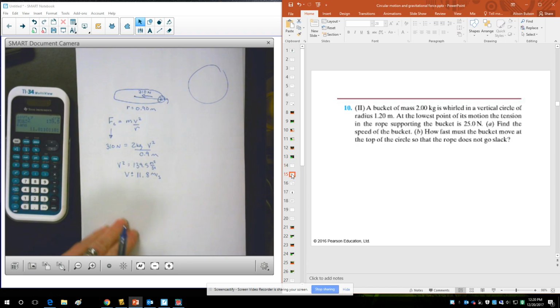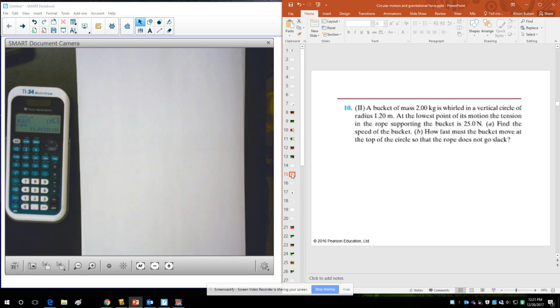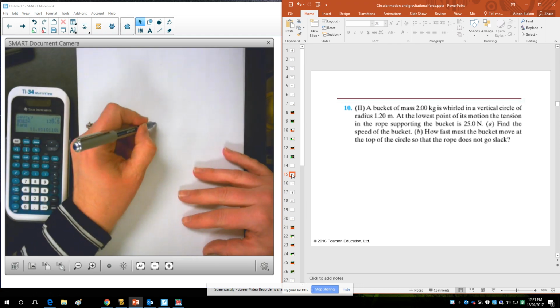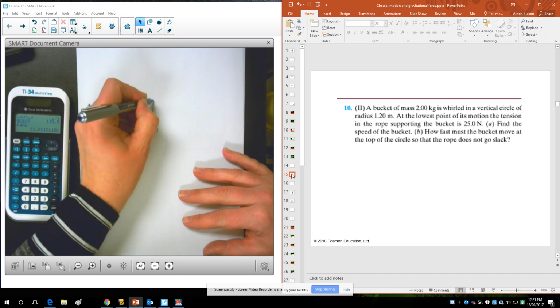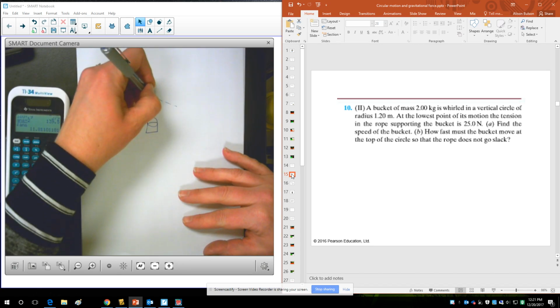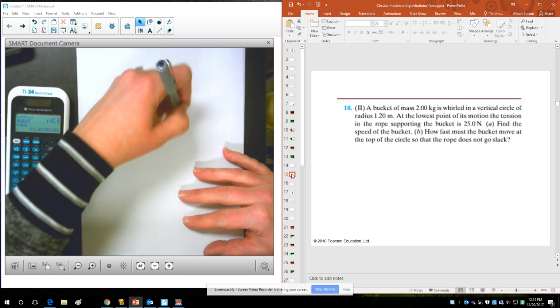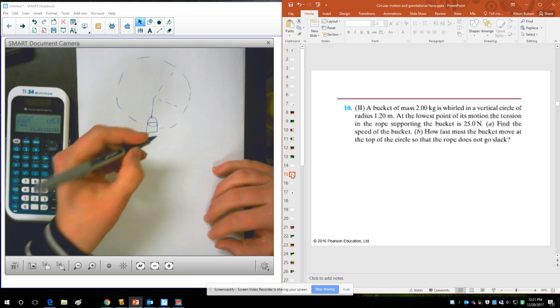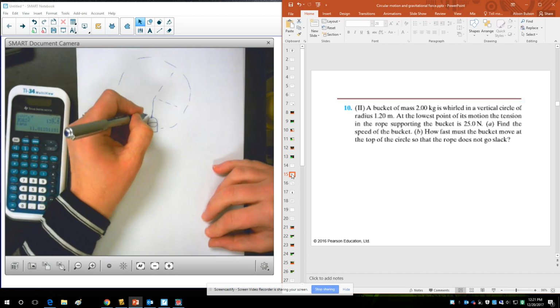Next example. A bucket of mass 2 kilograms is whirled in a vertical circle of radius 1.2 meters. So we have this bucket, and it's on a string, and it goes around in a vertical circle. Okay, at the lowest point of its motion, the tension in the rope supporting the bucket is 25 newtons.